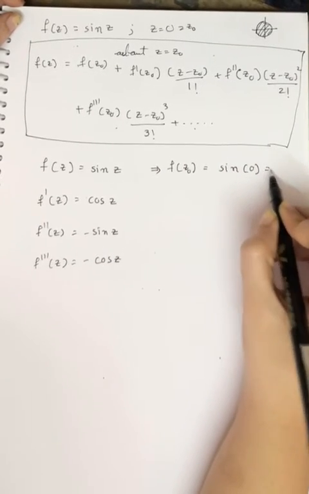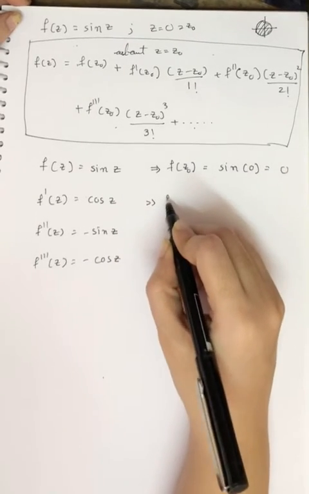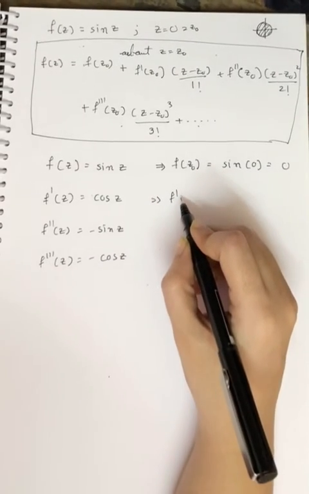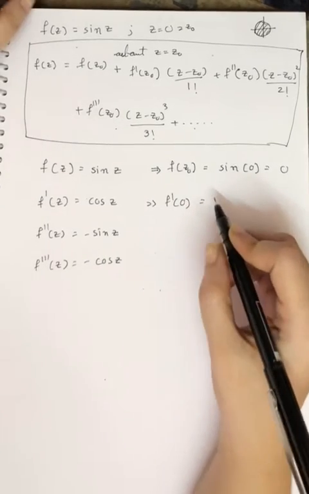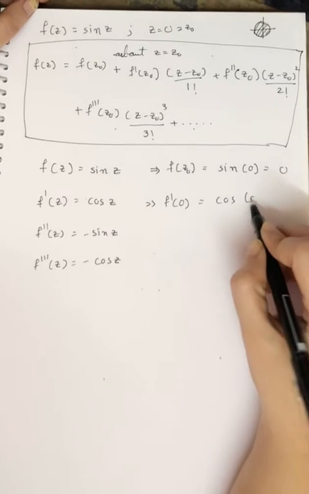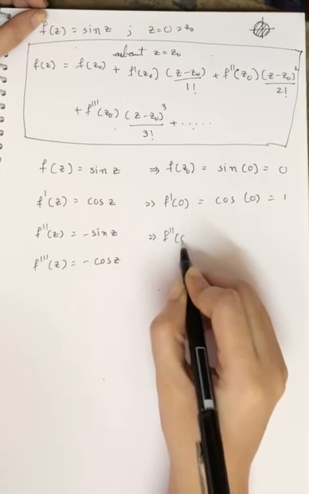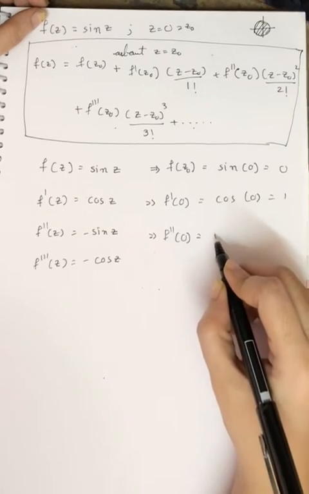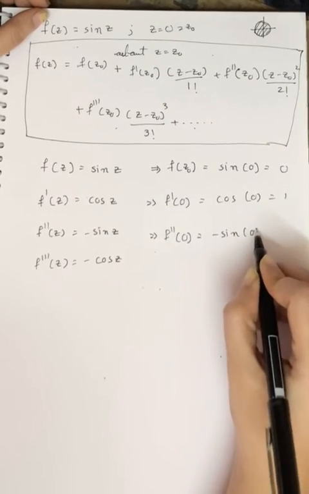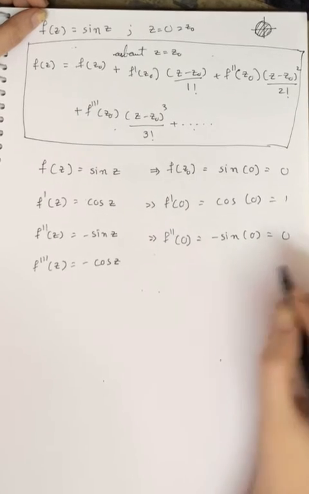Sine of 0 is 0. Then cos of 0 is 1, and this is how we can find all the rest of the functions and their derivatives.